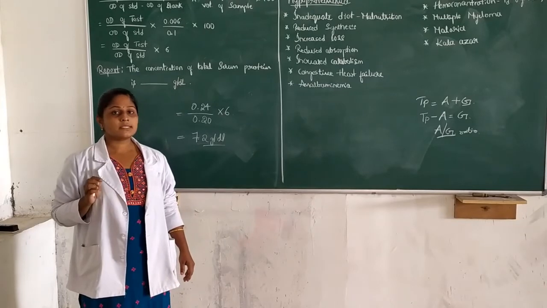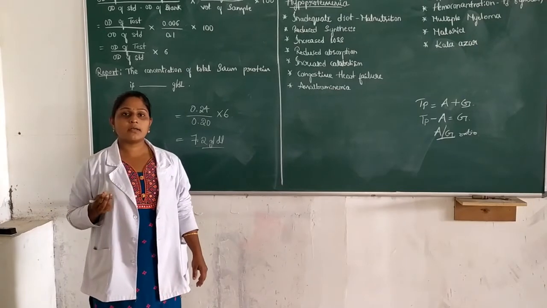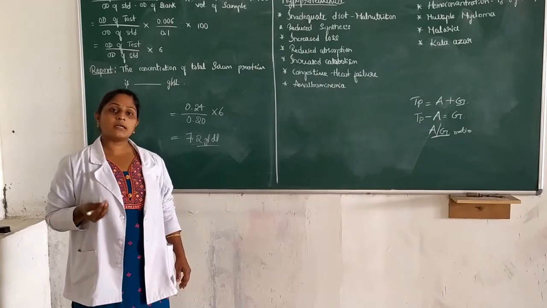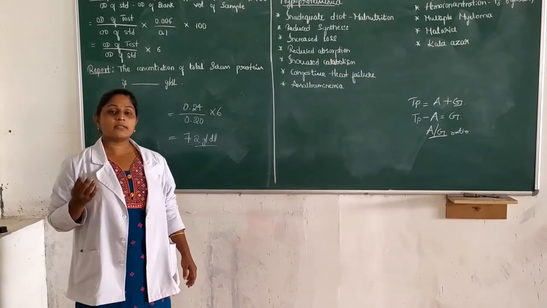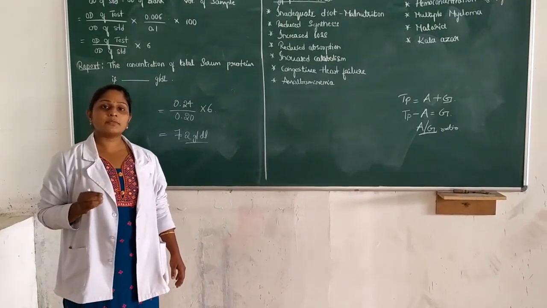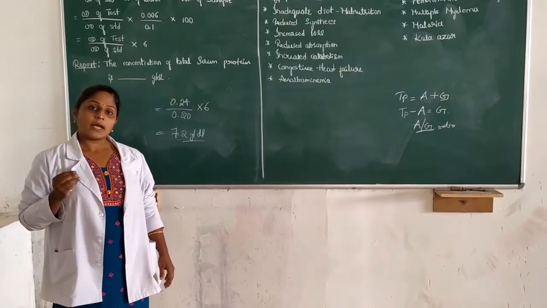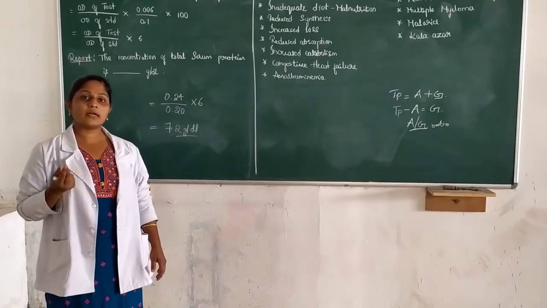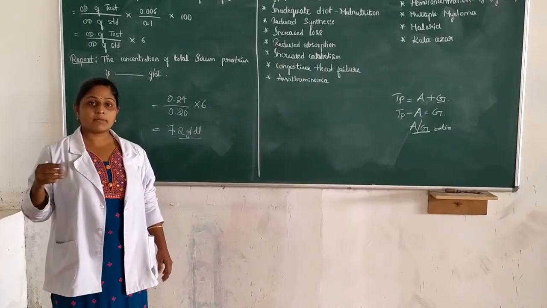Coming to UV absorption, this is sensitive and accurate, and you get accurate protein values. One advantage is you need not color the solution to measure. Here we have taken the reading using a colorimeter. In the spectrophotometric or UV absorption method, we measure proteins at 280 nanometer, and you need not color the solution. If you keep the direct protein solution in the spectrophotometer, it will give you the value at 280 nanometer.